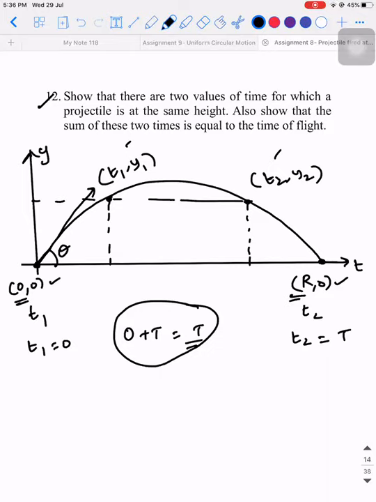So I should not write it as y1 and y2. I will write it as y. So what is the question saying? There will be many such instances where the height of the particle is going to be the same. So you find such instances T1 and T2. And when you add T1 and T2, what are you supposed to get? Time of flight. What is the formula for time of flight? We should get 2u sine theta divided by g.